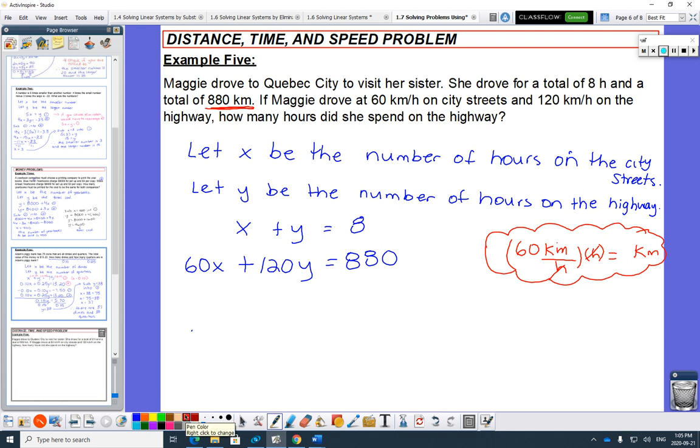Okay, so this is kilometers per hour, times the number of hours. Hours cancel. This is 120 kilometers per hour, times the number of hours. And this is kilometers. Kilometers, kilometers, kilometers.